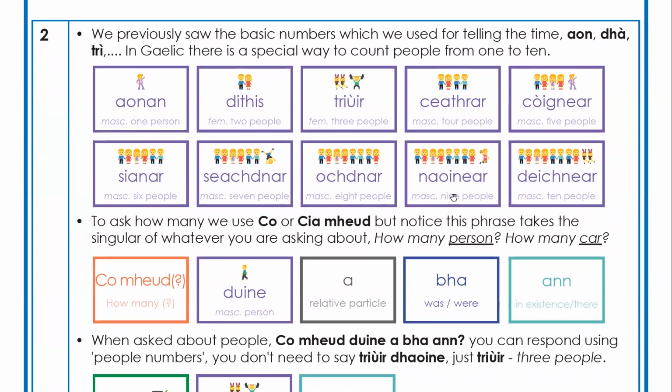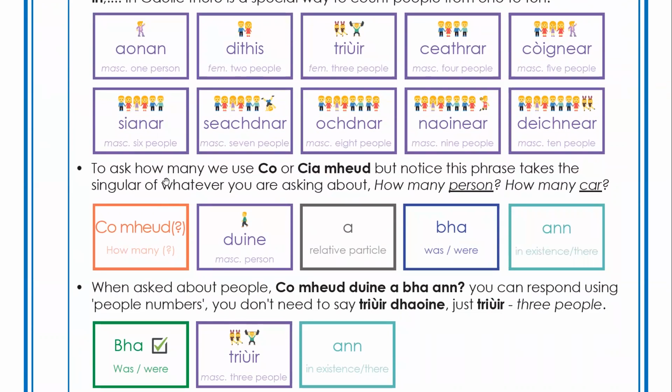And we use these to talk about people. To ask how many, we use ko or kiaviad. These are used interchangeably. You'll see both.